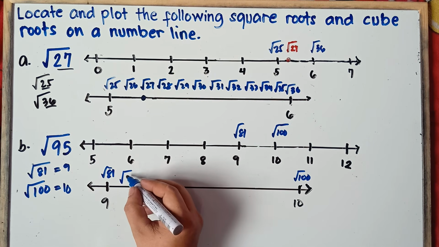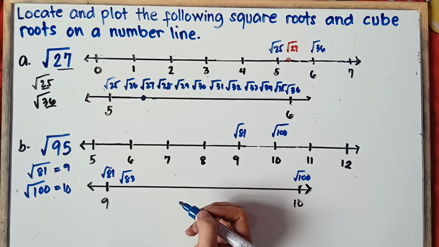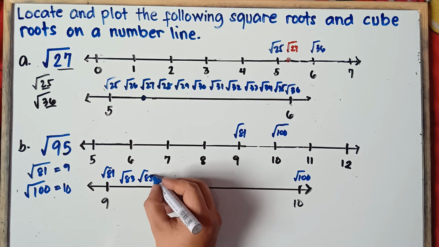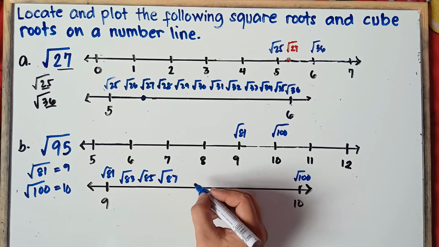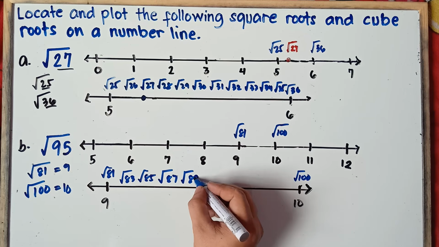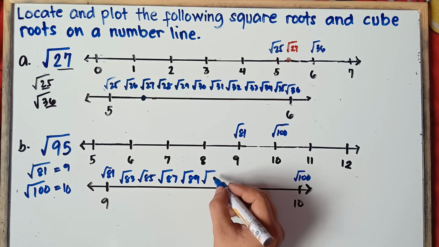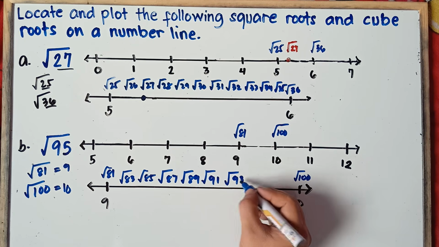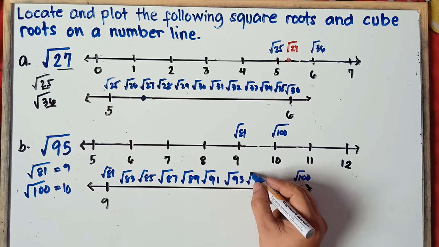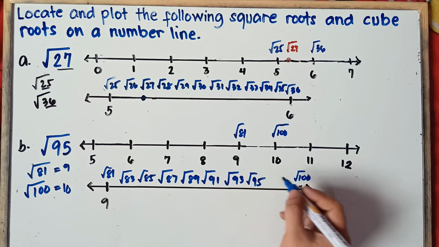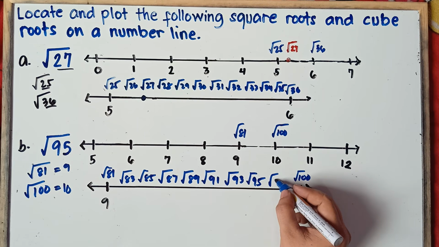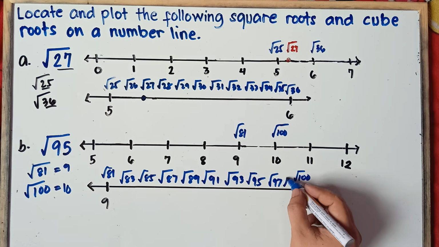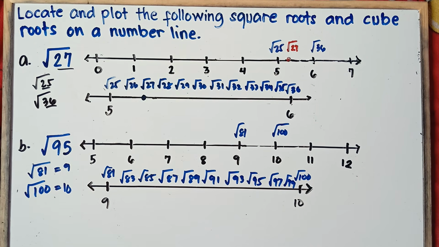Next will be square root of 83, square root of 85, square root of 87, square root of 89, square root of 91, square root of 93, square root of 95, square root of 97, and then square root of 99, and then 100.